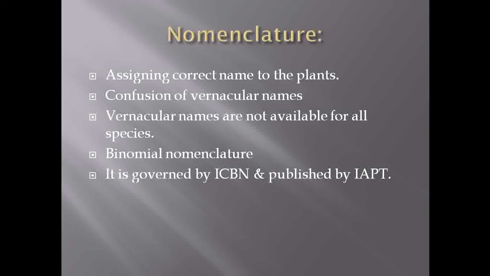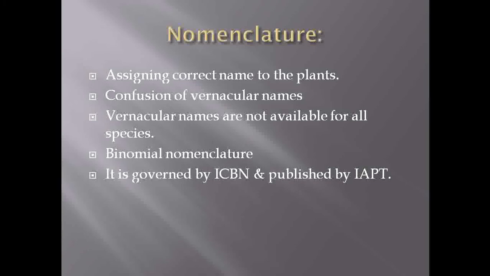So why is it called binomial nomenclature? Because it includes two names: the first name is called the genus name, and the second name is called the species name. So this genus and species name has some peculiar characters, or if a particular plant shows a specific character, then that specific character of that plant species must be included under the genus or the species name.